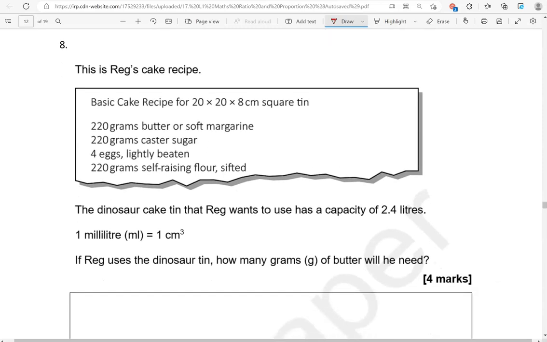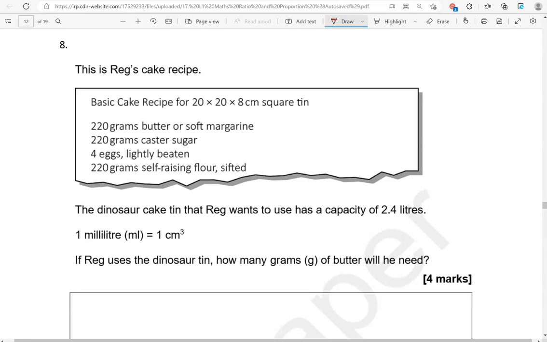This is Reg's cake recipe. Basic cake recipe for 20 times 20 times 8 centimeter square tin. 220 grams butter or soft margarine, 220 grams caster sugar, 4 eggs, lightly beaten, 220 grams self-raising flour, sifted.